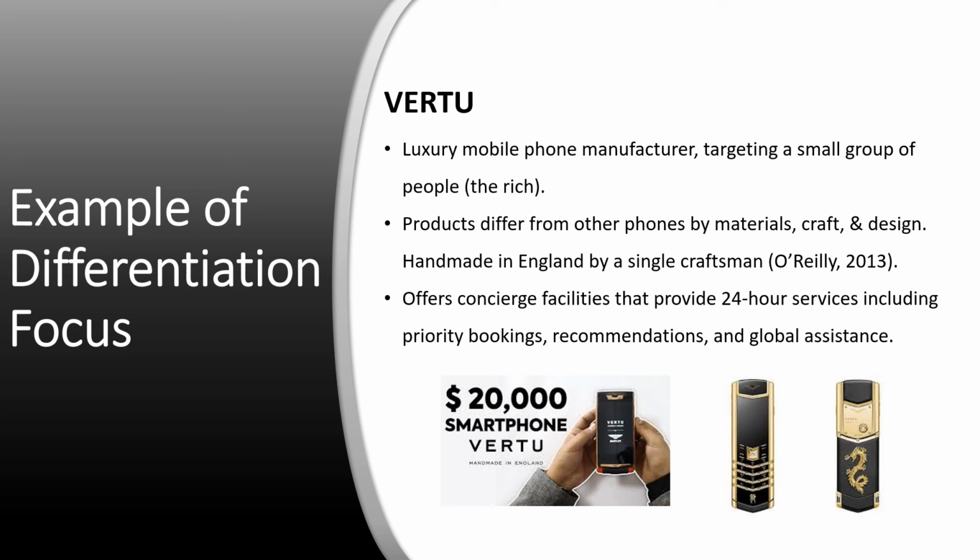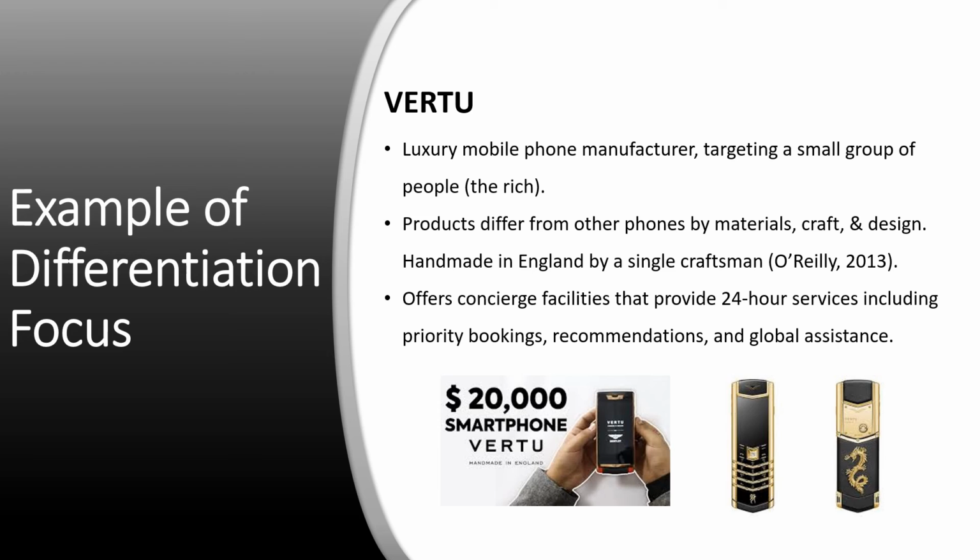It's a very niche segment, targeting only a small group of people known as the rich. It has a certain design, material, and craft, and is handmade in England by a single craftsman, making it a very expensive, luxurious mobile phone.